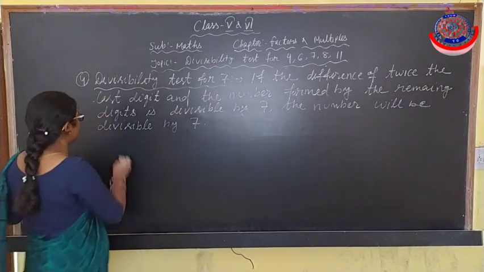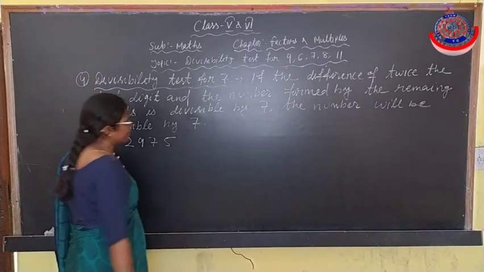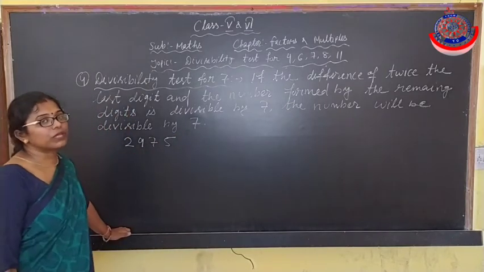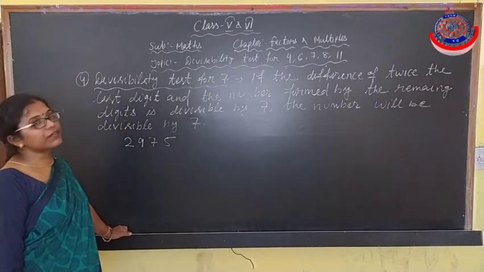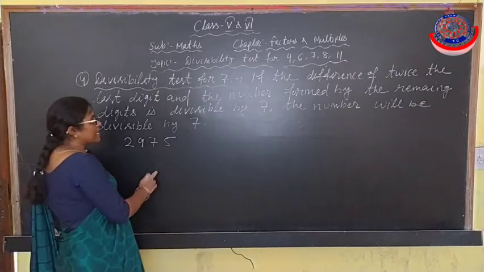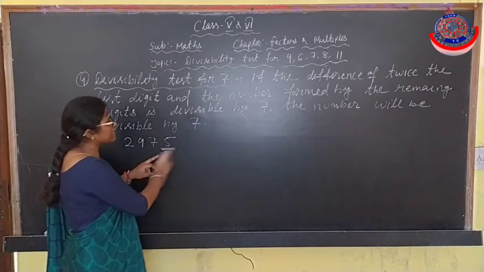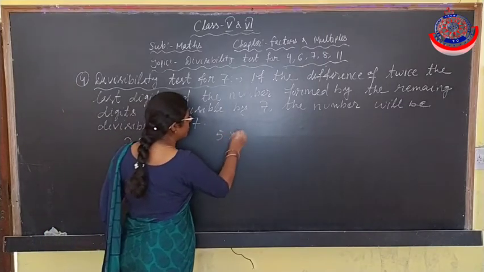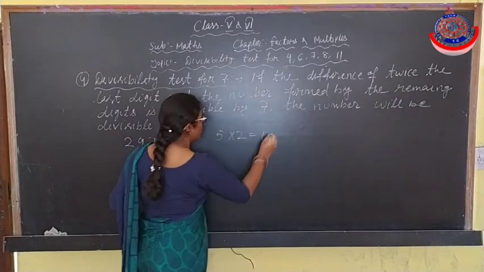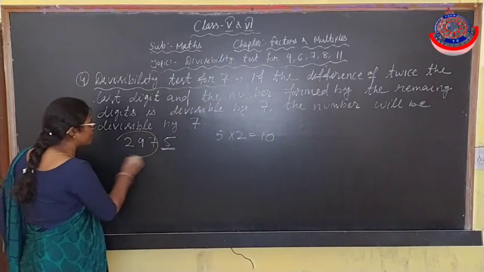Suppose one example I will take. Suppose our number is 2975. Then what is the last digit here? 5 is the last digit. What is it telling? Twice the last digit. That means 5 into 2 equal to 10. And the number formed by the remaining digits.